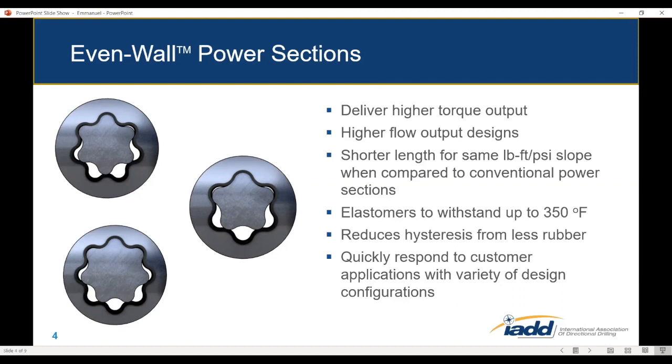We've been seeing a lot of growth in temperature, pushing the limit on temperature for sure. And the hysteresis on the rubber is reduced because you have less rubber. One thing for sure is, like we said about customers calling, you have to be able to respond with a variety of designs for different applications, and that's what's going to be the future.